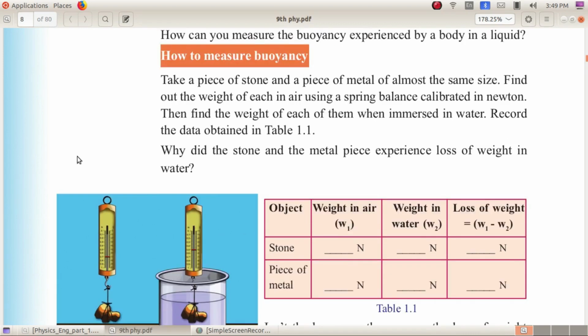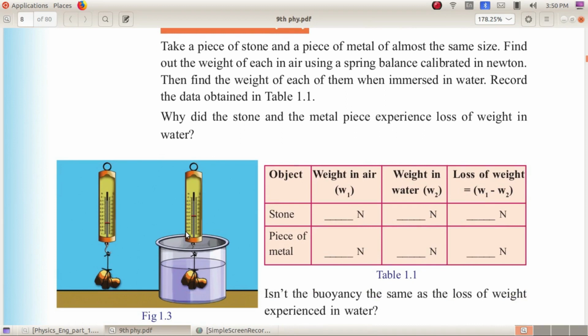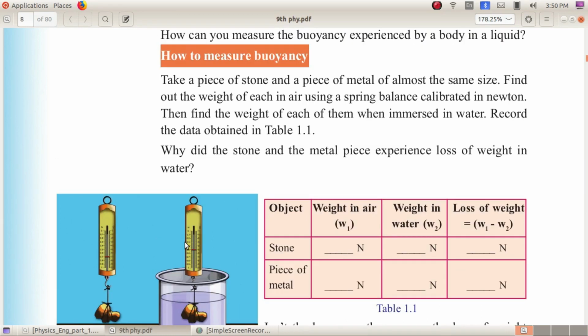That means we can use this spring balance. This apparatus is called a spring balance. And here the calibration is done in Newton. That is, the weight is expressed in Newton. Such a spring balance is used to find the weight of a body in air or in water.